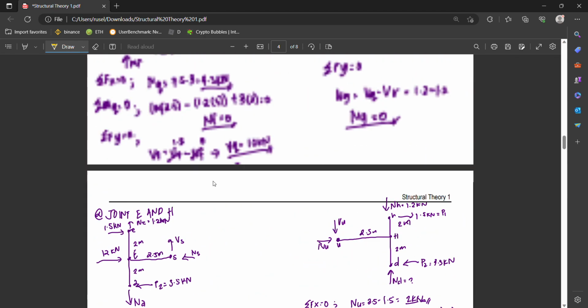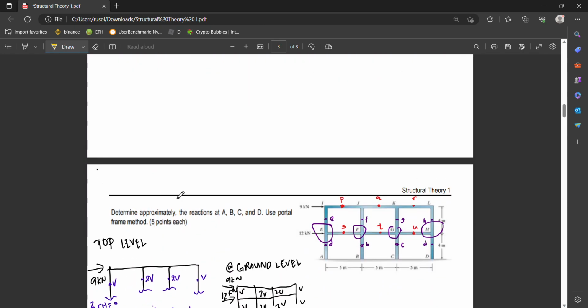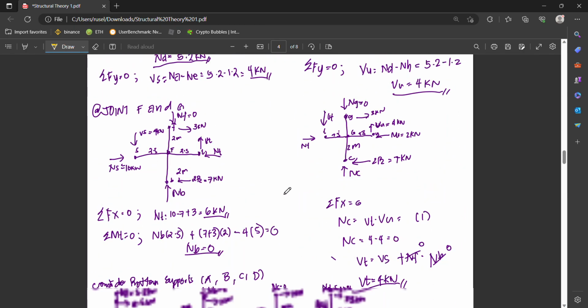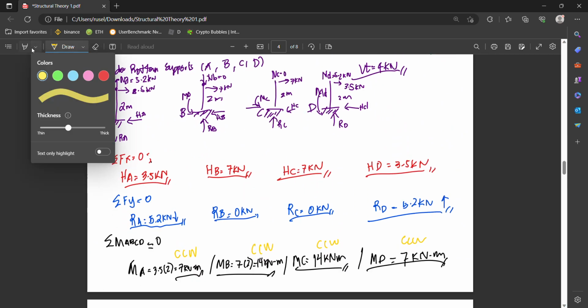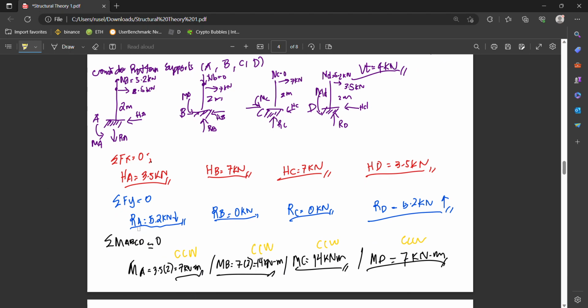So, ang hinahanap naman sa problem is yung support reactions. So, ang answer natin dito is, let's highlight this one. Yan. Ayan yung sagot. Final answers. Okay?